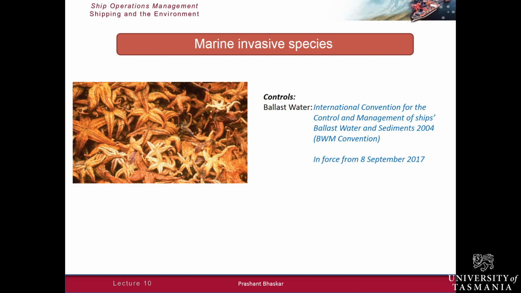When that happens, the new species that come into an area which in the past had been geographically isolated are called introduced species or alien species. Now, many of these new species will die in their new environment because they have not evolved to cope with the new situation.